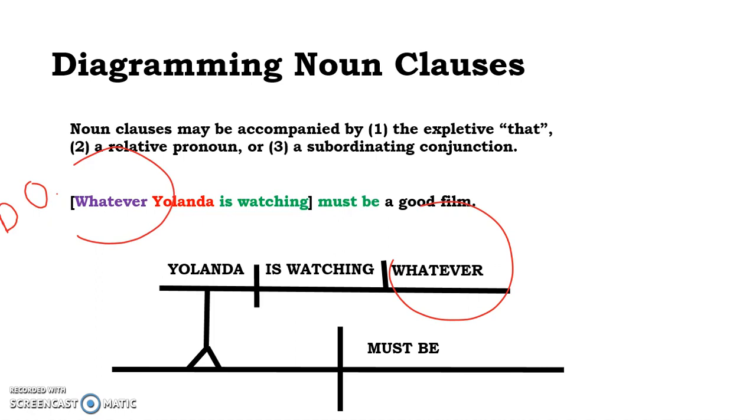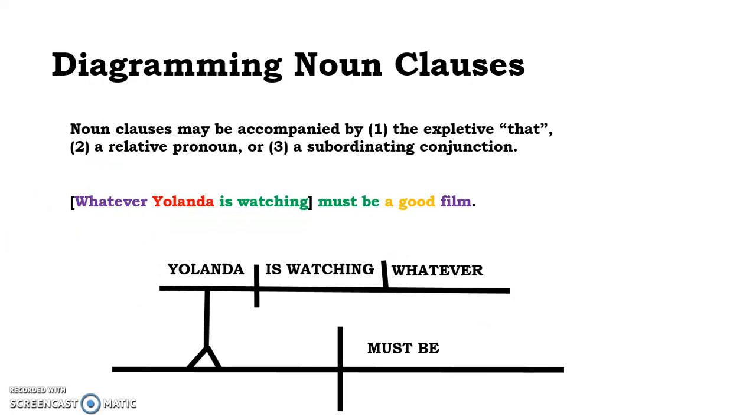You could almost substitute in a word for that relative pronoun, like whichever film it might be, Top Gun, right? Yolanda is watching Top Gun. Then that makes more sense, how whatever would be the direct object of the sentence. I put it there on the pedestal where the direct object goes, and I've actually completed diagramming my noun clause.